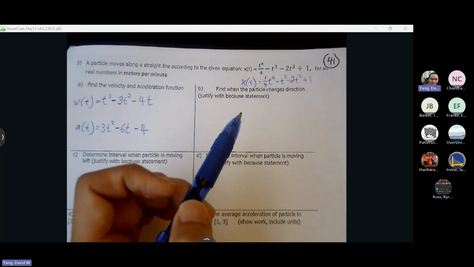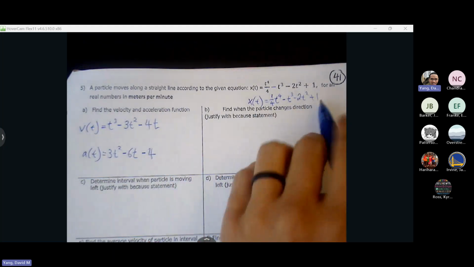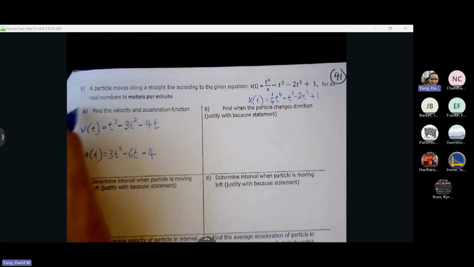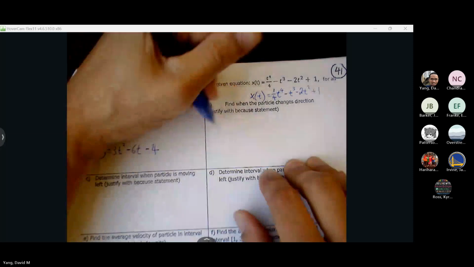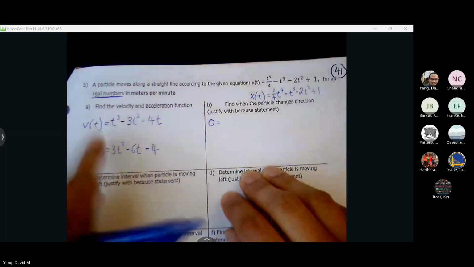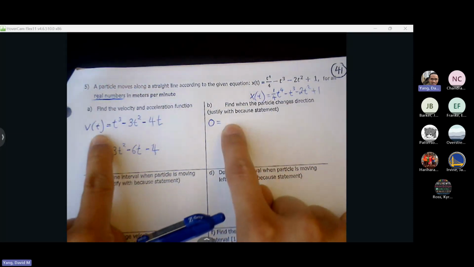Now here, this one's a little bit different because at the very top here, there's no restriction. It says for all real numbers. That means we want to include negative and positive. So we're not going to start at 0 and just look to the right of 0. Negatives are also going to be part of our number line. I'm going to set velocity equal to 0.